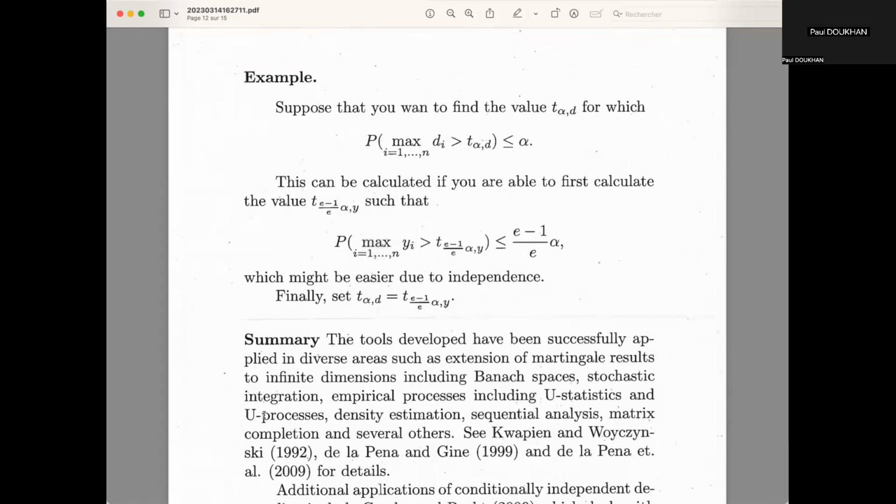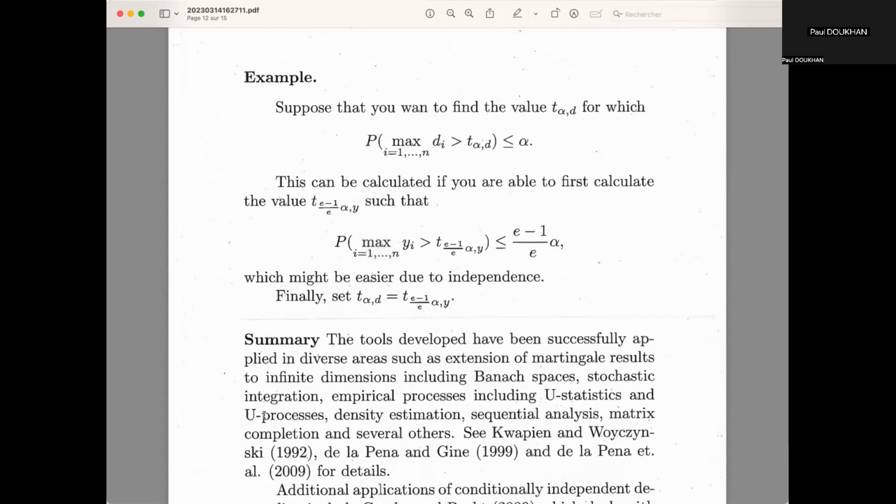It's like the value at risk. Then this can be calculated by first calculating the quantile, or the value at risk, of the independent variables. But this is much easier to do.